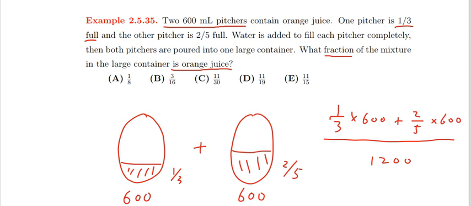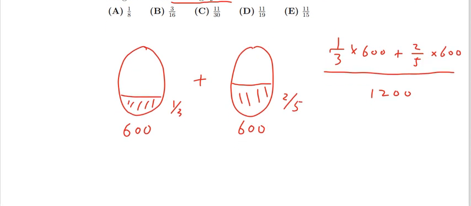Just this. Okay, so we simplify. We cancel 600. 1/3 plus 2/5, over 2. So this is the complex fraction we want to simplify.